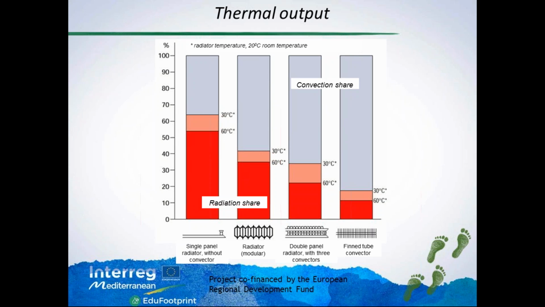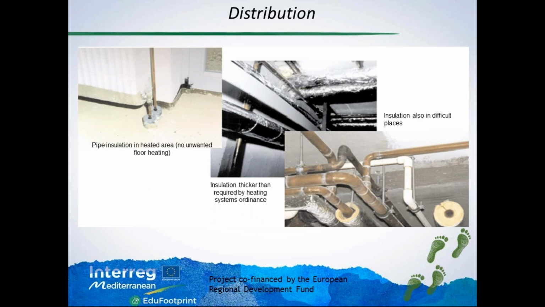This has an impact on the quality of the comfort, because the convection has the disadvantage that it moves the air, so that there is a lot of inner pollution, which is then transported through the building, and the radiation does not have this effect.